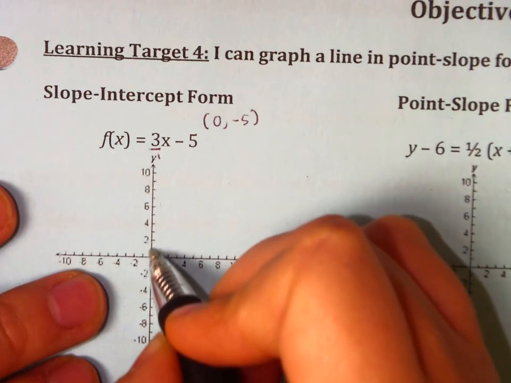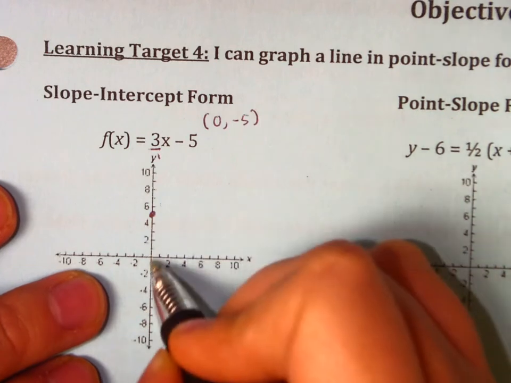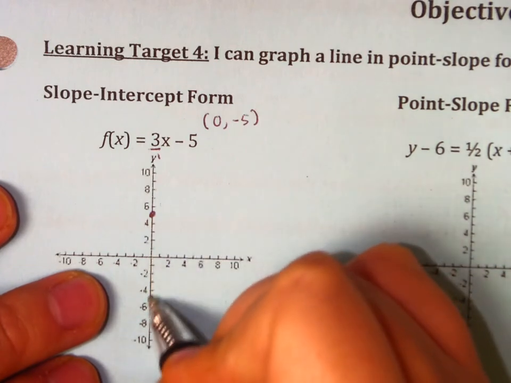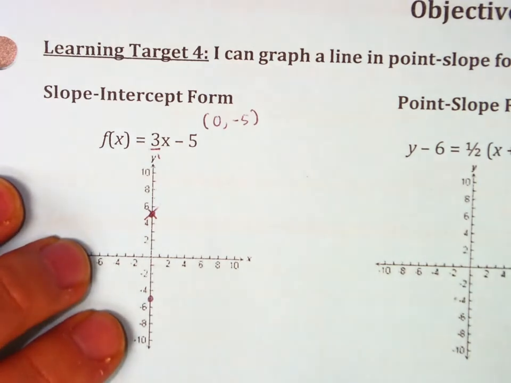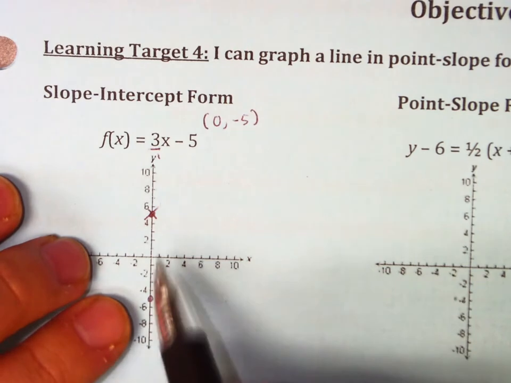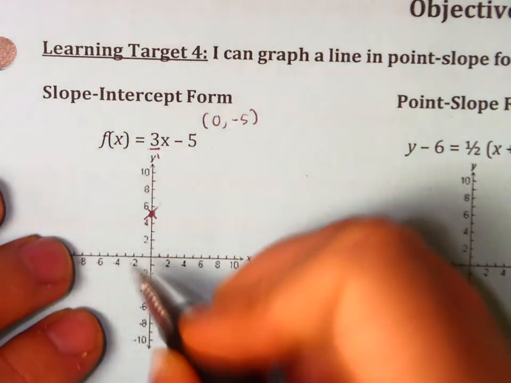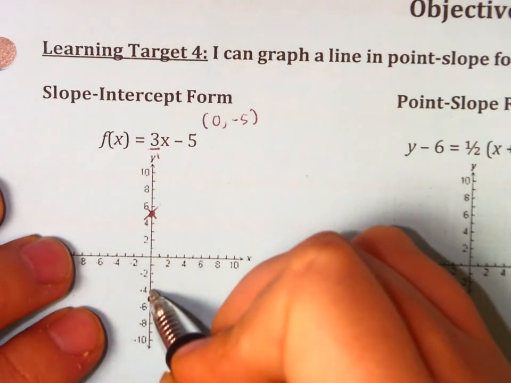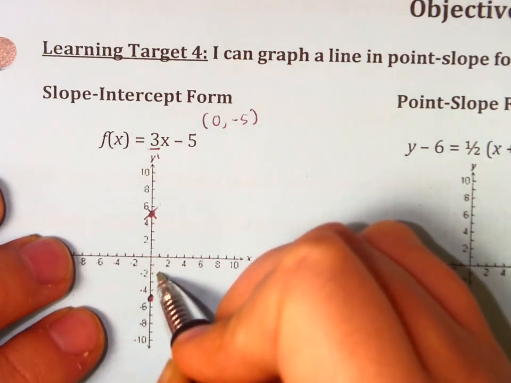So 0 and then 1, 2, 3, 4, 5. Whoops, -5. So never mind that. I'm starting down here at 0, -5, and then from there my slope is 3 over 1. So from this point, I'm going to go up 3, 1, 2, 3, over 1, make a dot.